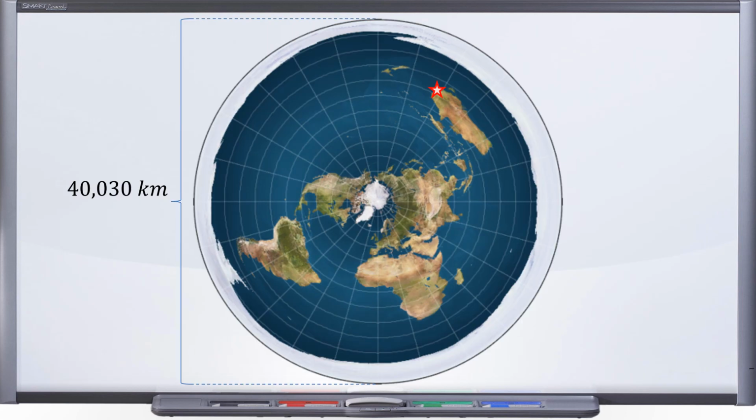Okay, we're here. Here's the size of our flat Earth. So I want to know, how far is that? Well, the radius of this thing is half of this, 20,000. So that means out to the equator is half of that.